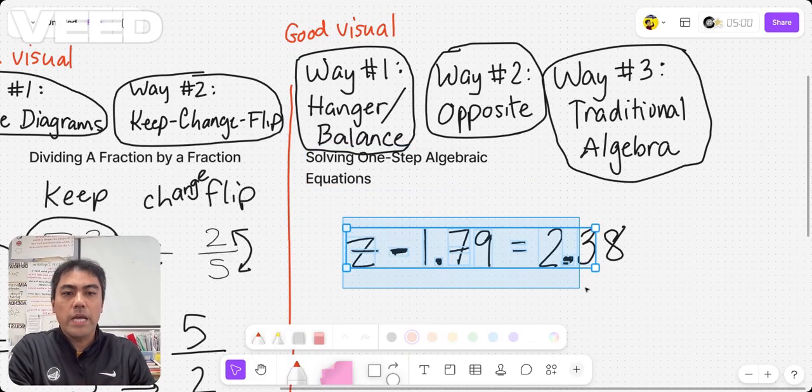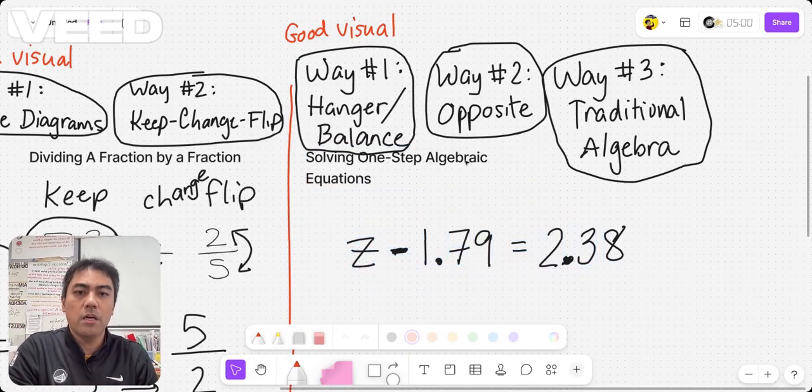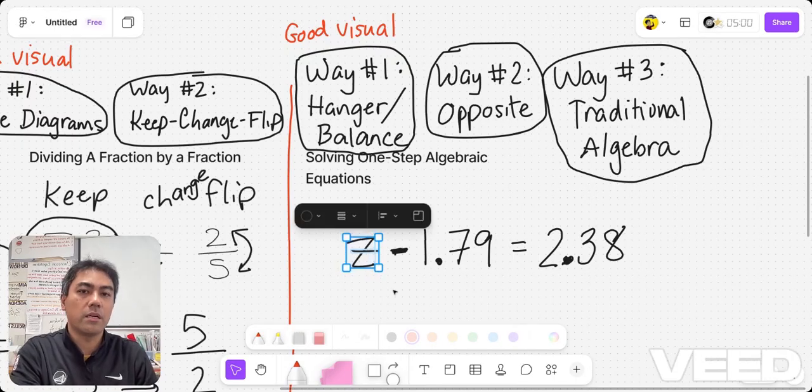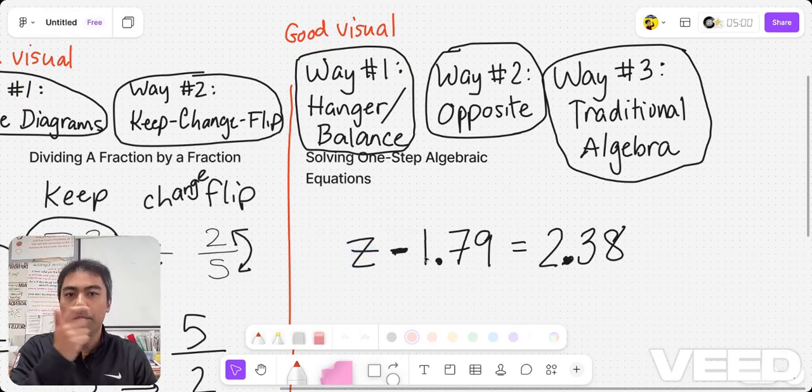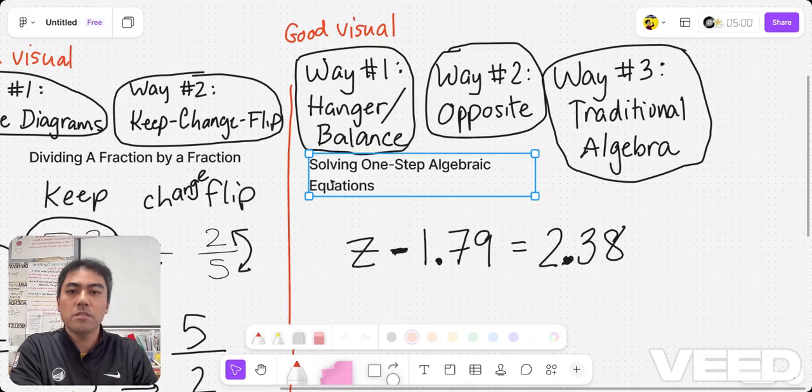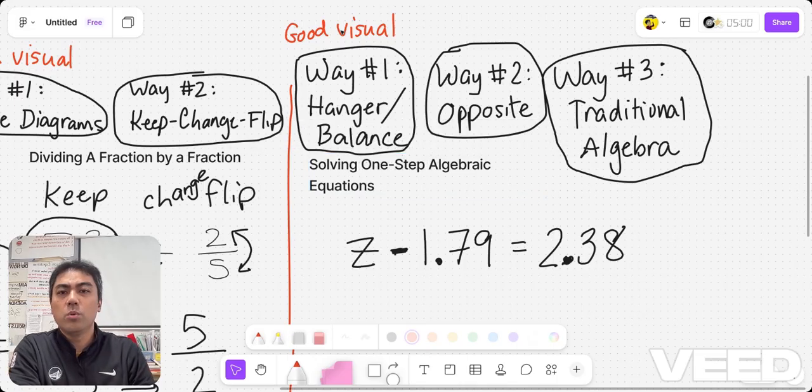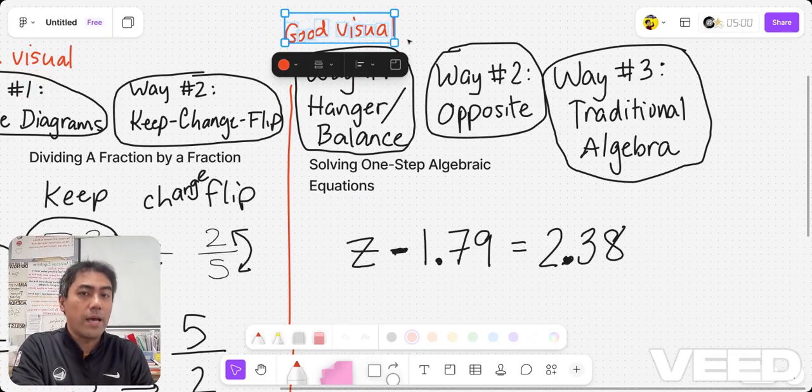These are called algebraic equations because there is algebra involved, okay? Meaning that we have variables like the letter z, okay? There's at least three ways to solve algebraic equations. There's drawing a hanger or a balance, which is good for visualizing what's happening.